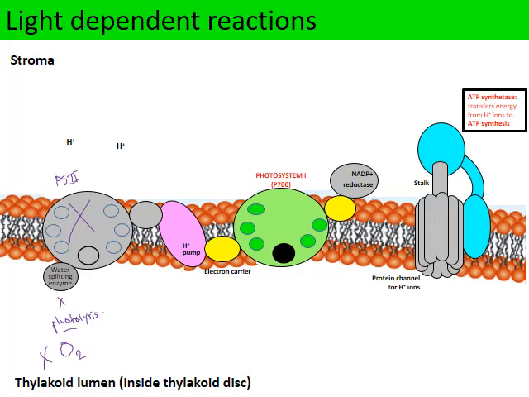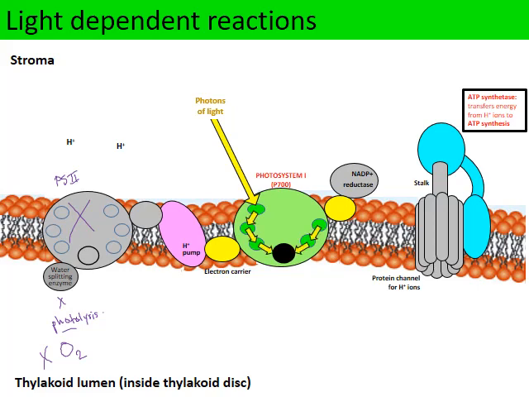Now, cyclic photophosphorylation is only going to involve photosystem 1 on the right hand side. So we know light energy, different wavelengths of light, is absorbed by the accessory pigments. Activation energy is passed down to the 2 chlorophyll A molecules in the reaction center of PS1.